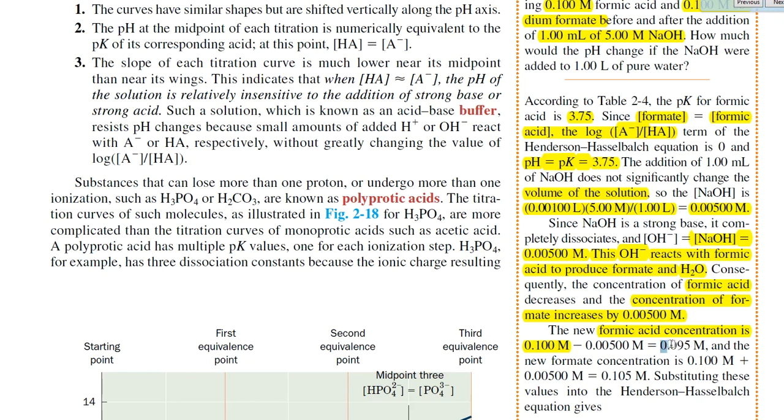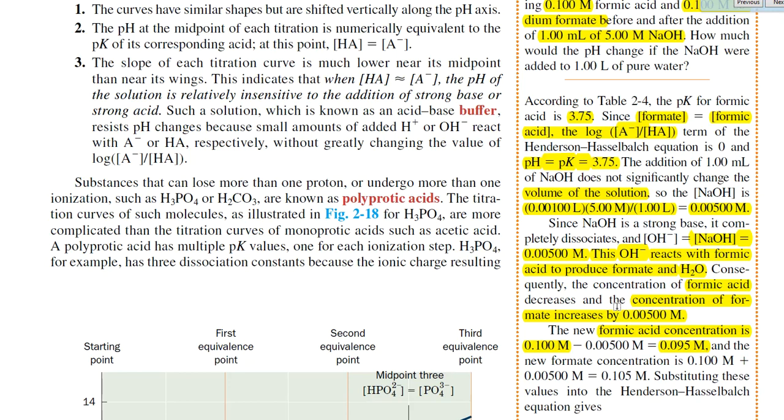It is 0.095. Okay, so what is the new formate concentration? The formic acid concentration is 0.095, but the new formate concentration we will get by adding whatever amount has been converted, which equals the number of OH minus ions. The number of OH minus ions is 0.005.